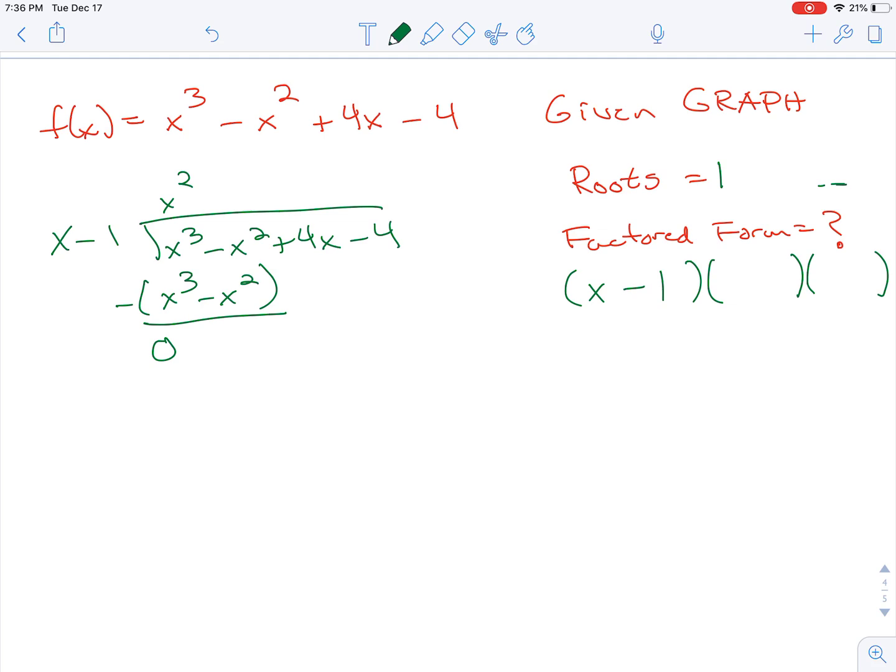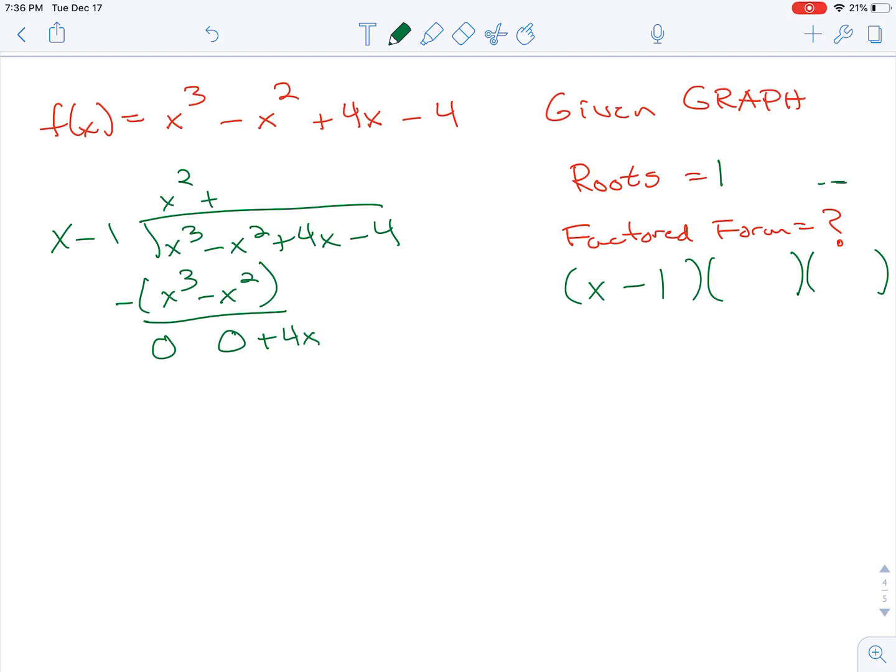Okay, so that's 0, that's 0, and then I'm going to drop down 4x, and then 4x divided by x is going to be 4. Then I'm going to multiply through. So I have x squared plus 4.